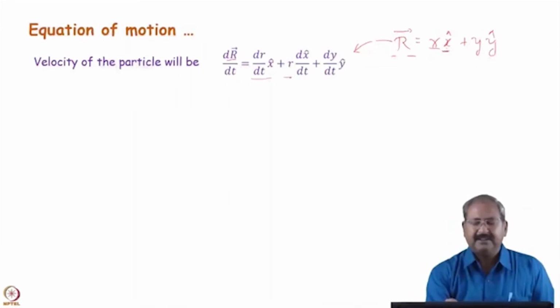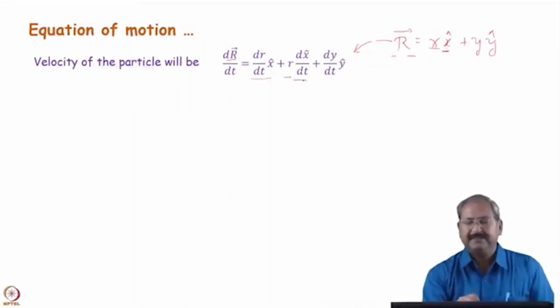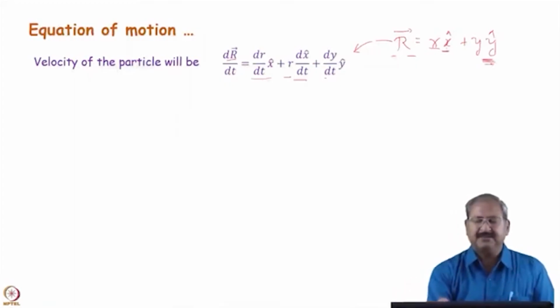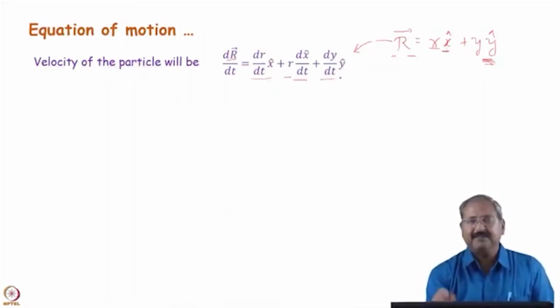So we will have r dx cap by dt, and then y cap. This unit vector is constant. Right now we are not considering that the bending plane is changing its orientation. We are always thinking that our bending plane is in the horizontal plane. So the y unit vector will not change its direction, it will always be constant. So this will not be differentiated. So we only have dy by dt and y cap.